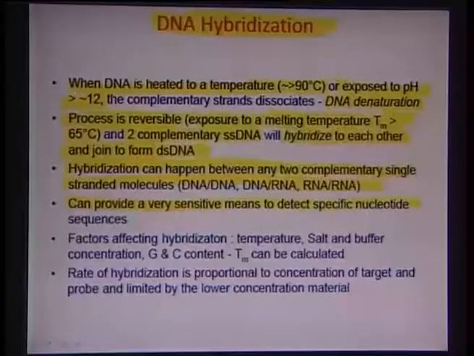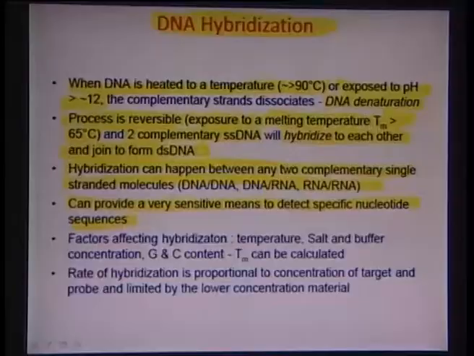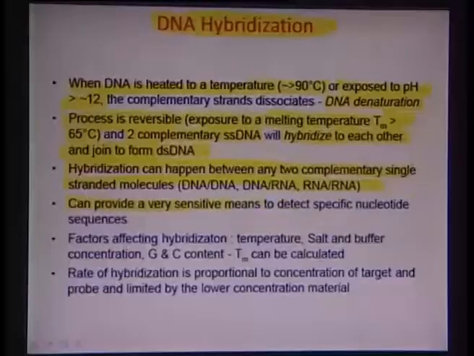You can say that the target had the same sequence, or the complementary sequence, as the sequence that you designed it for. The flank which is there to capture is also known as the capture probe, and the other portion which comes and binds to this capture probe is the target DNA. So it's a very sensitive, very specific means of detecting nucleotide sequences, and also extremely rapid.